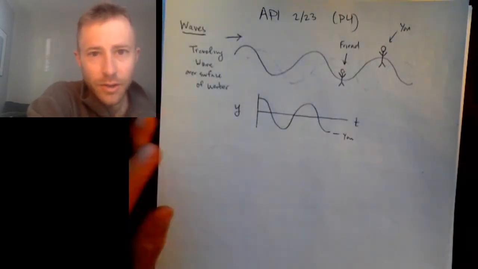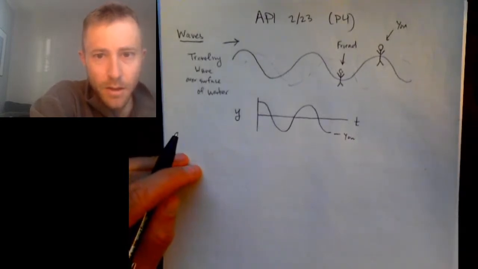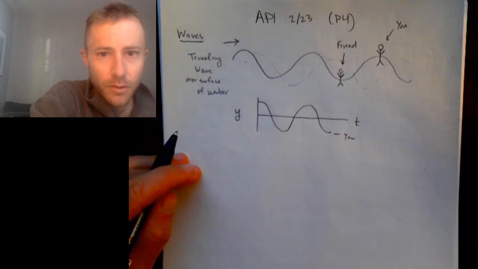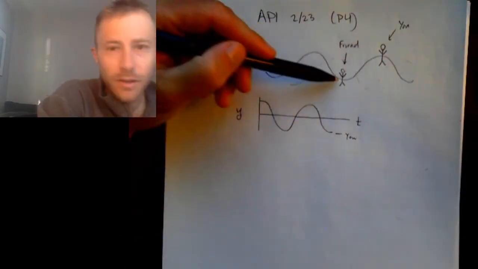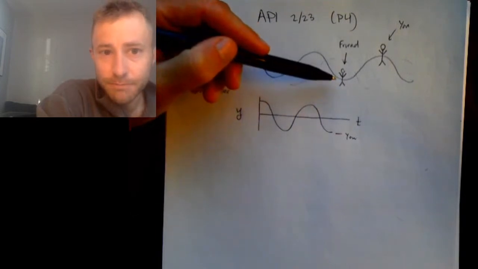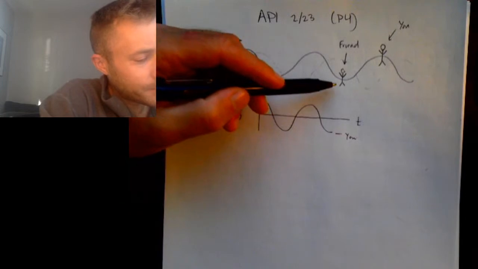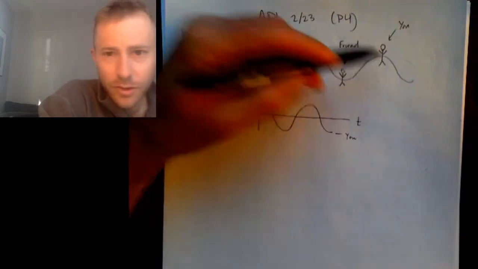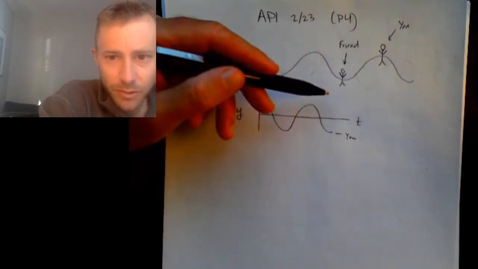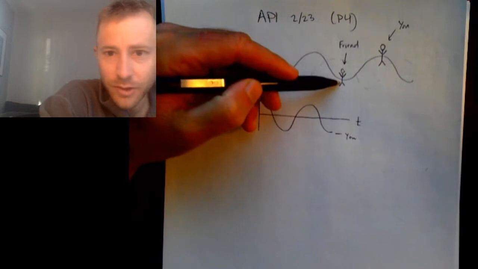But now let's think about your friend, okay? Your friend is at a different location, okay? And so basically, because of the spacing between the two of you, whenever you are up high, your friend is down low.